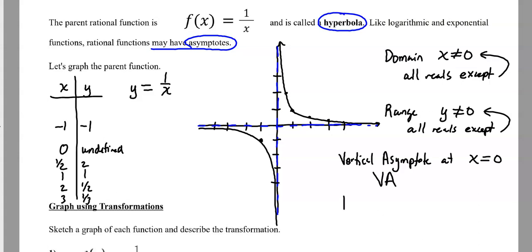And we have a horizontal asymptote, if I could spell it correctly, horizontal. A horizontal asymptote, which I'm going to just call HA in the future. And that's going to be at y equals 0 for this one. So we have these two kind of boundary lines where we're trapped. So that right there is the parent function.